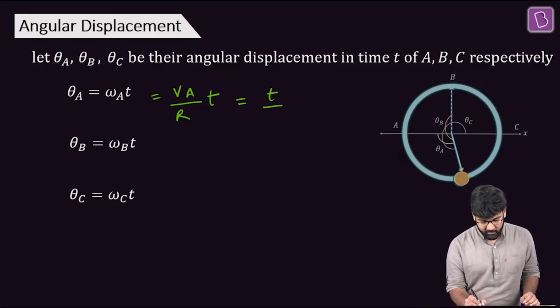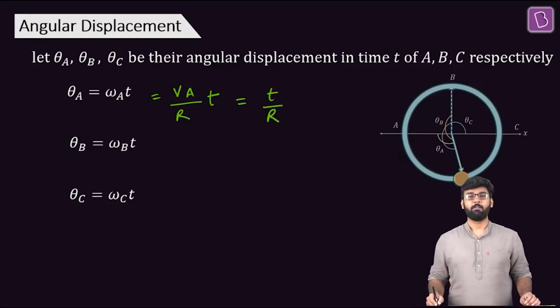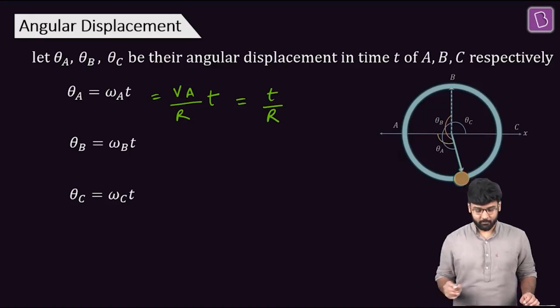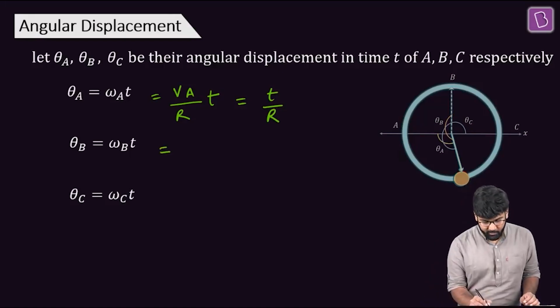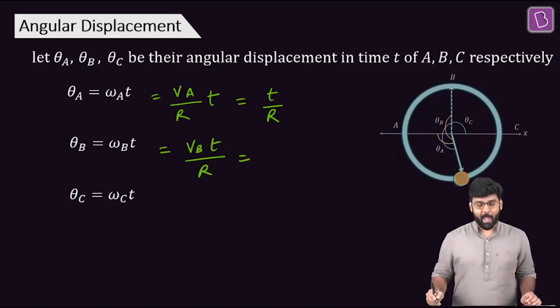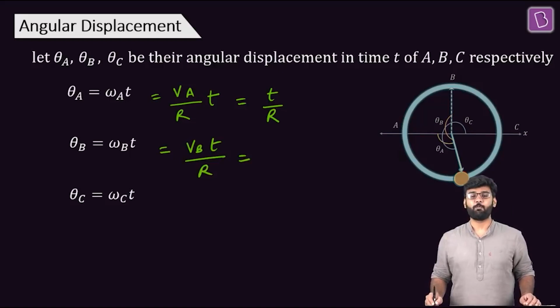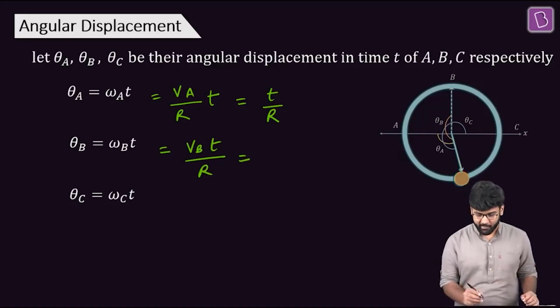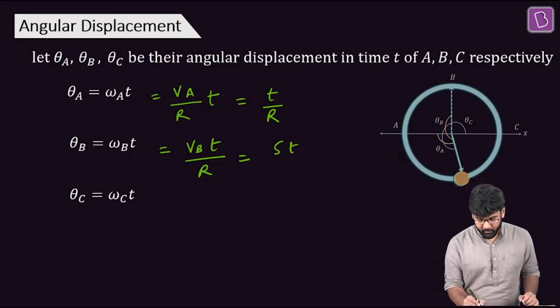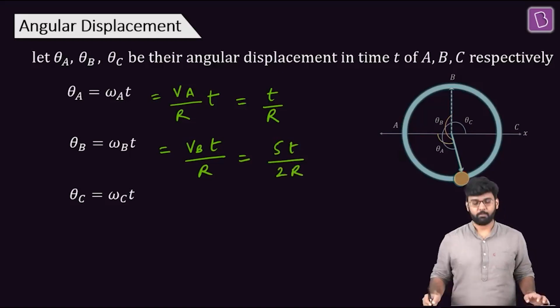So that will be T by R. Similarly for theta B, we can write omega B into T as VB into T by R. And VB is given to us as 2.5. So 2.5 I can write as 5 by 2. So that will be 5T by 2R.